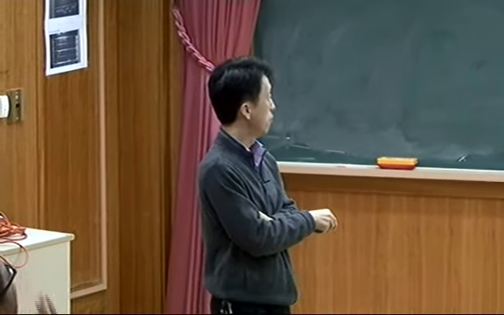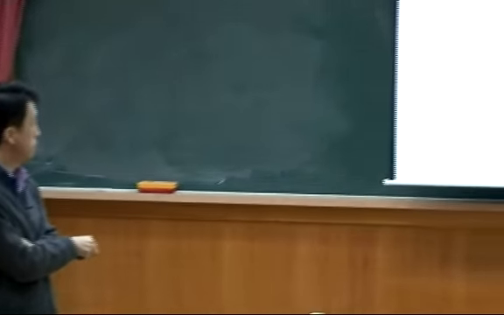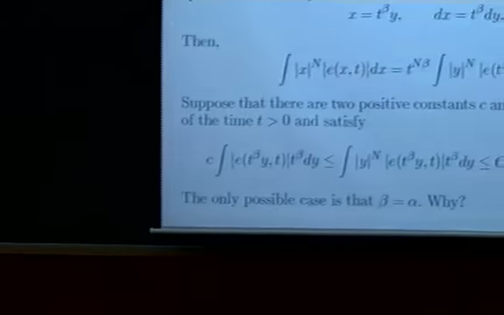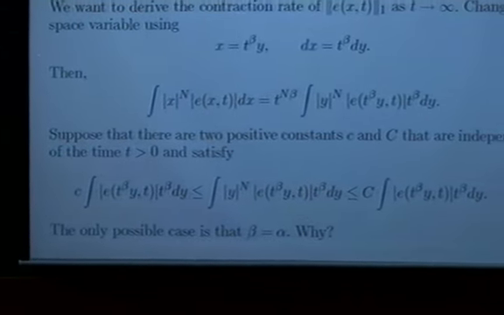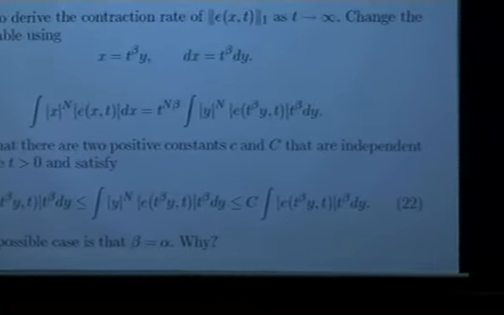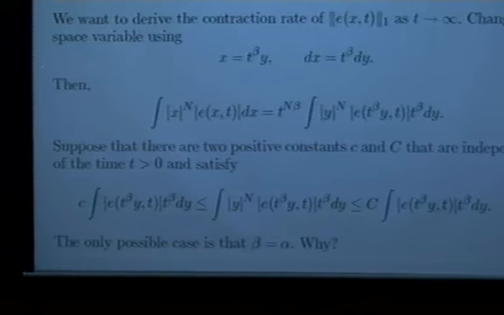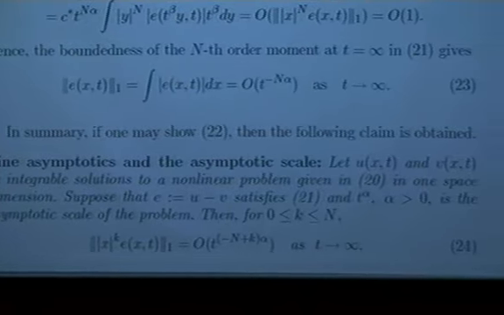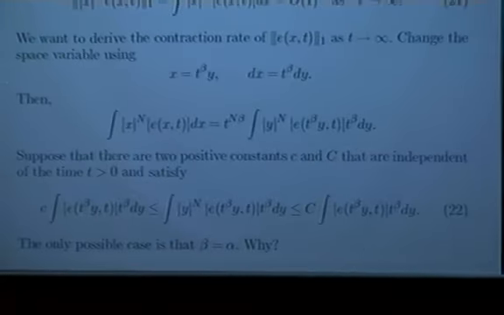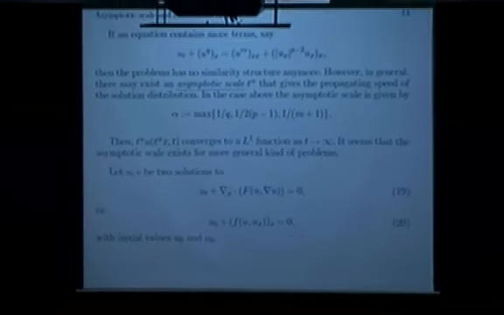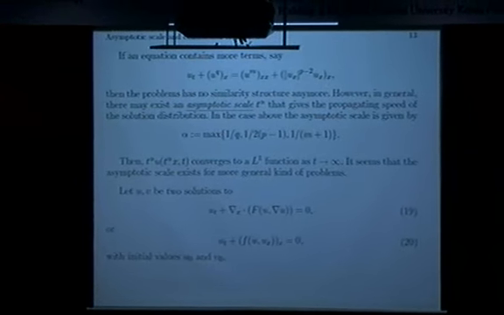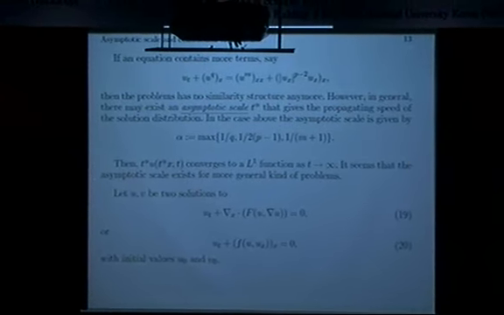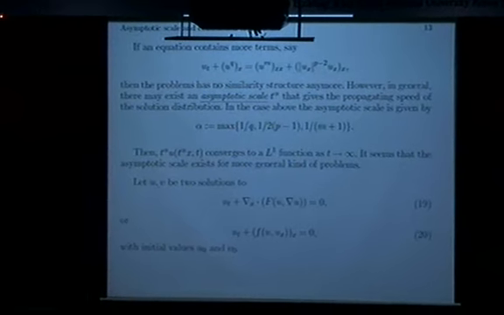So, for example, if beta is bigger than alpha, this one converges to some L1 if alpha is the asymptotic scale.